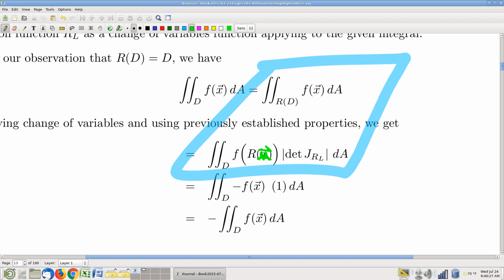Right, and point being that in this change of variables function here, we have x equals r of u. Different dummy variable makes it look a little bit more familiar perhaps, but I emphasize it's just a dummy variable. It doesn't really matter. I could call this Q or P or Bob or anything, and I'm calling it X again just because it doesn't matter. Okay. All right.